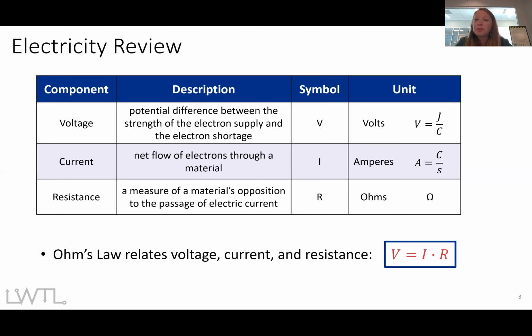Resistance is the measure of a material's opposition to the passage of electric current. So if you had just a wire with no resistance in it whatsoever, that current could just immediately go through.